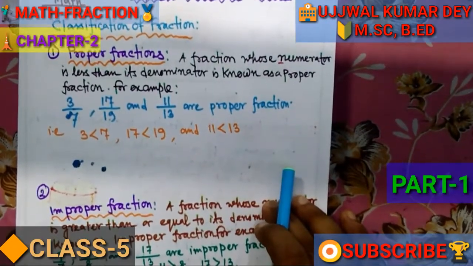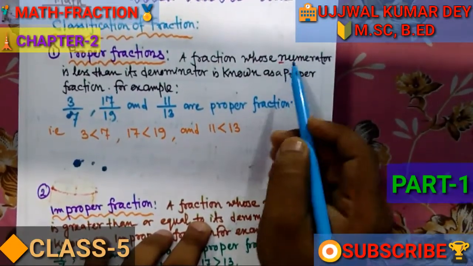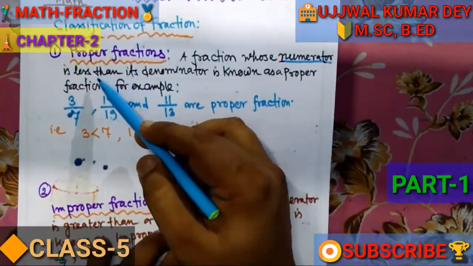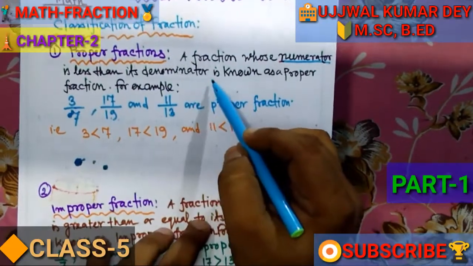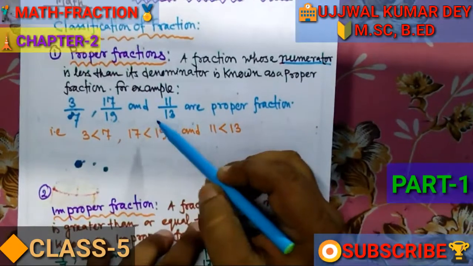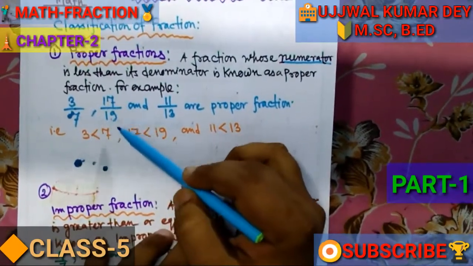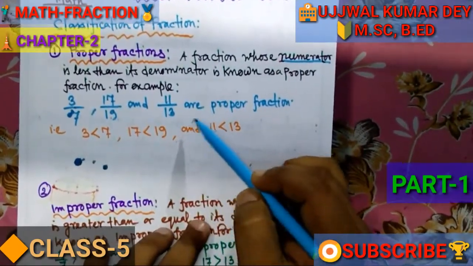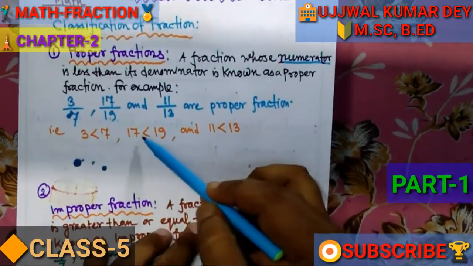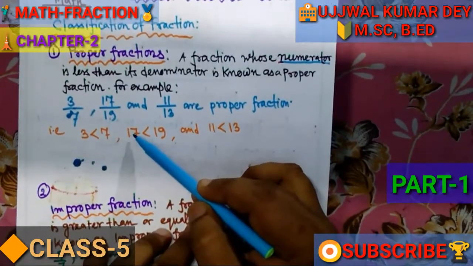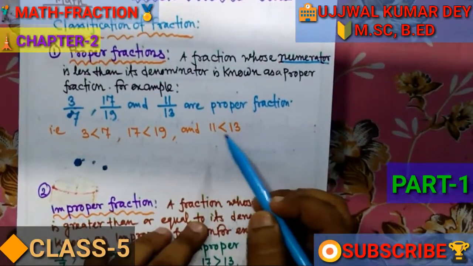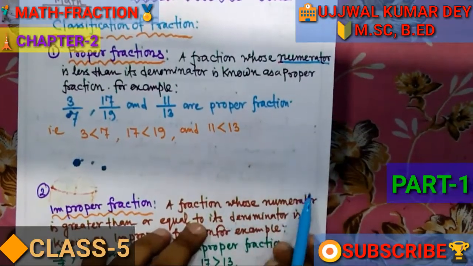A fraction whose numerator is less than its denominator is known as a proper fraction. For example, 3/7, 17/19 and 11/13 are proper fractions. Here 3 is less than 7, 17 is less than 19 and 11 is less than 13. That means numerator less than denominator.